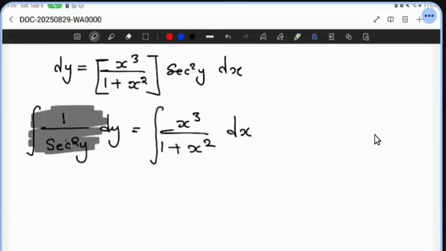This is the first thing that should come to your mind. 1 over sec squared y is equal to cos squared y. It is. That's the first thing that you need there. This is the same as cos squared y. It even looks better this way.